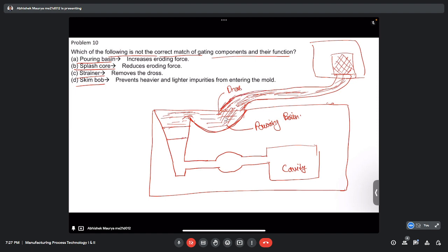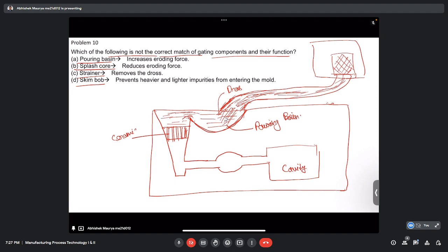Otherwise, our casting will have unwanted contaminations. So we want to remove any kind of solid impurity if it has any. For that, we provide ceramic strainers. So this is the ceramic strainer.